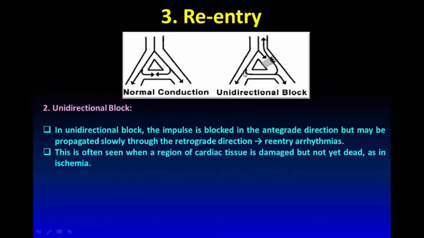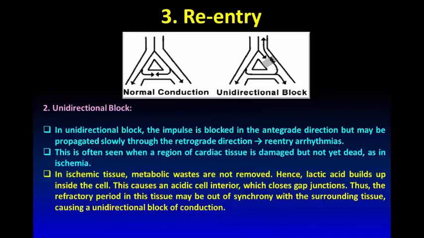But the impulse might propagate slowly through the retrograde direction, because by the time the impulse reaches the unidirectional block area, the area might now allow the impulse to pass through in the retrograde direction, and hence begin a re-entry arrhythmia. This is often seen when the region of the cardiac tissue is only damaged but not yet dead, as happens when there is myocardial ischemia.